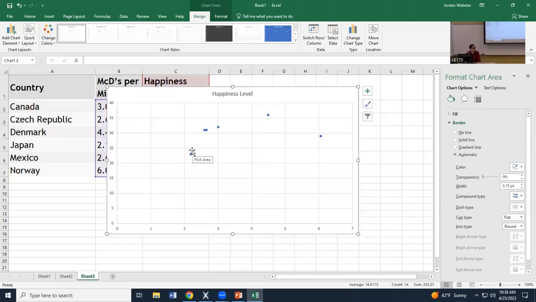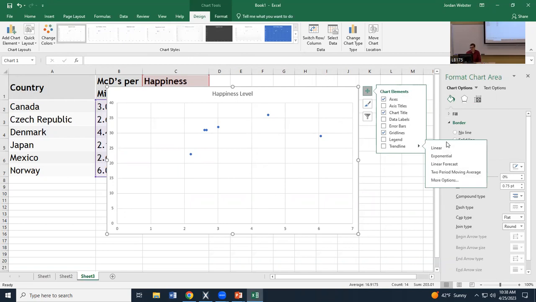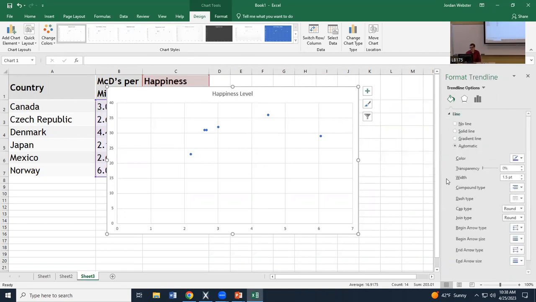Remember that parabolic shape. So we go up, then we go down. If you want a quadratic equation, it's a polynomial of degree 2. So when you go and ask to find the trend line, you're going to hit more options.